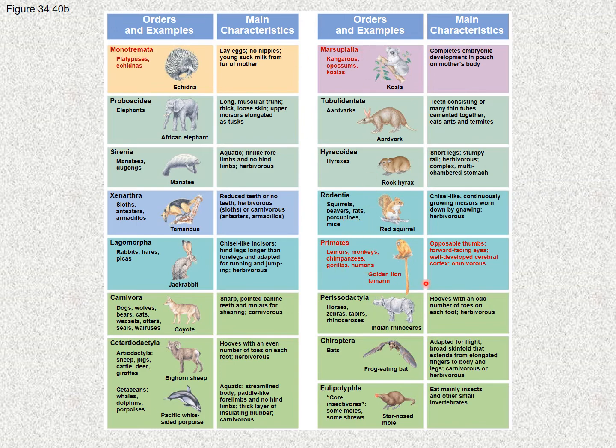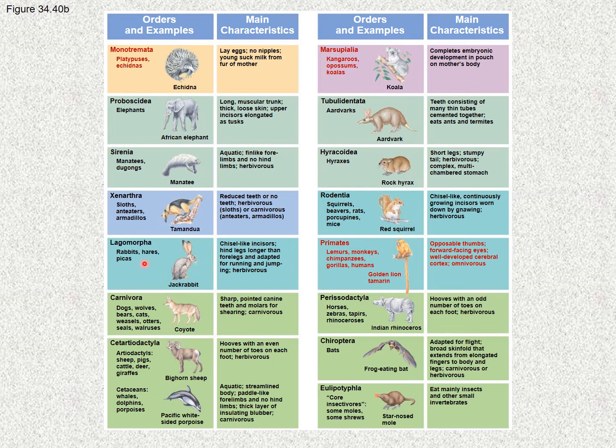We're going to focus on the primates in the next segment. But I do want to point out one thing. We went over the monotremes and the marsupials, and you can see there are quite a bit of other groups, but we're not going to focus on those. We're just going to focus on the differences between the monotremes and the marsupials, and then of course the primates, which differentiate quite a bit.